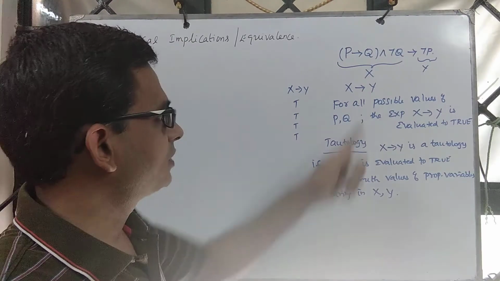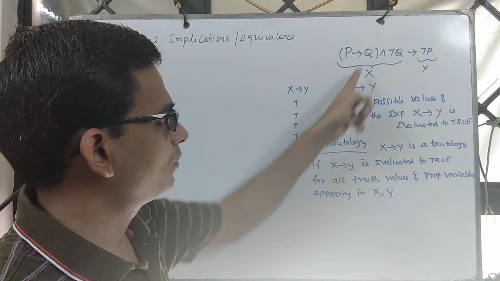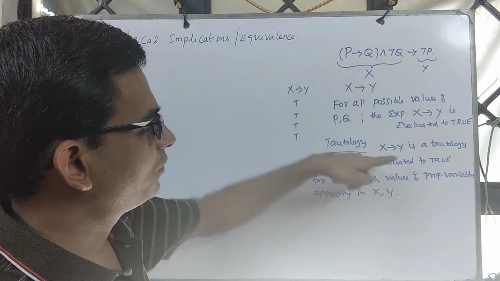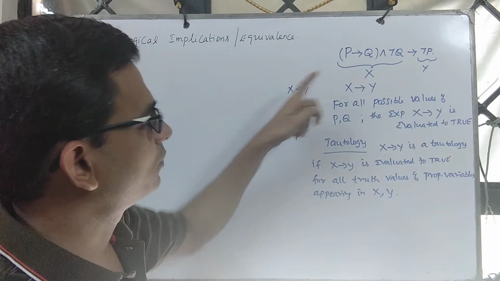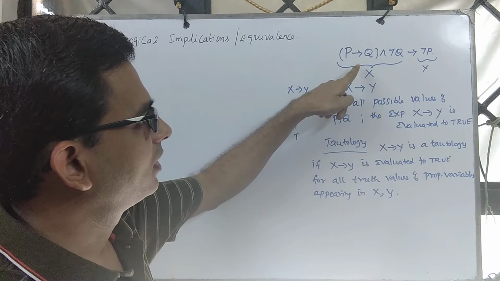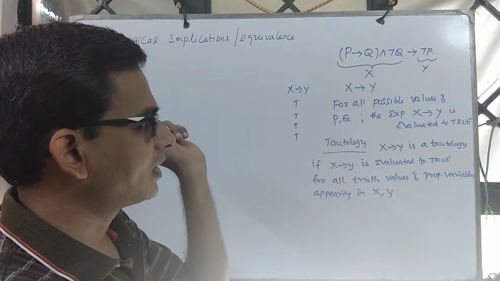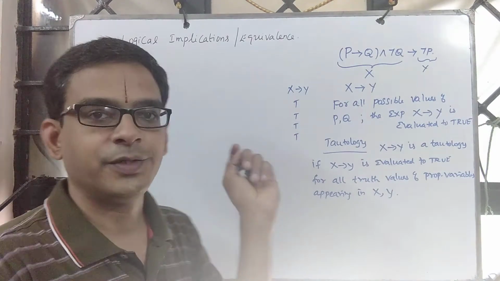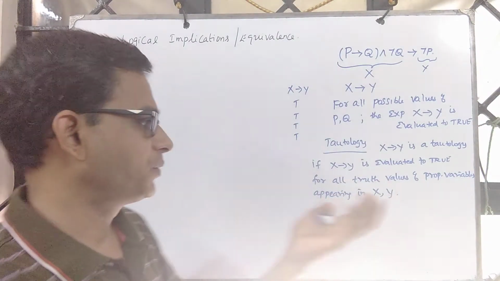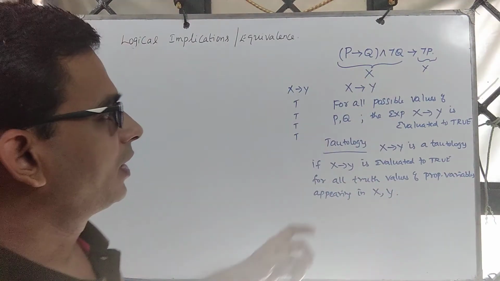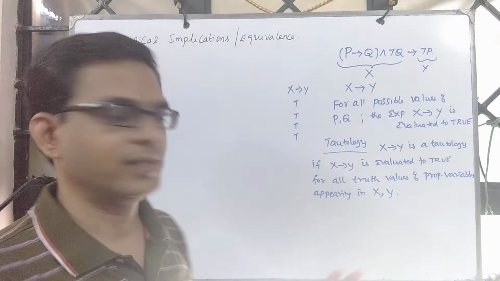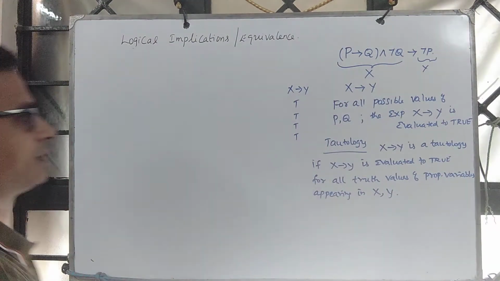So for all possible truth values, true or false, you see that for each of them the expression evaluates to true, which means x implies y is a tautology. If x appears in a context, replace x with y. That's precisely what this says.